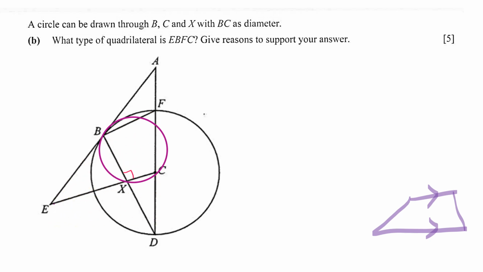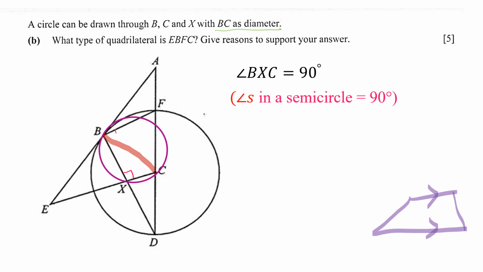Okay, so angle BXC is 90 degrees because you're given BC as a diameter. See? So BC is a diameter, so BXC will be 90. What's the reason? Correct. Angle in the semicircle. Okay, the angle DBF is 90.